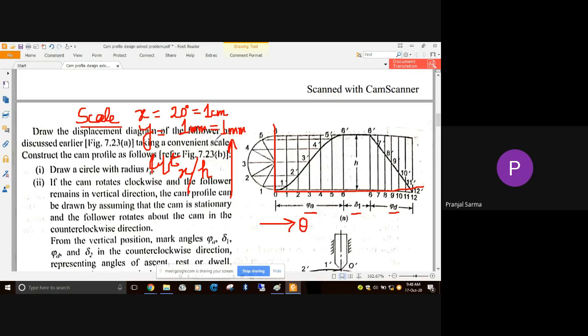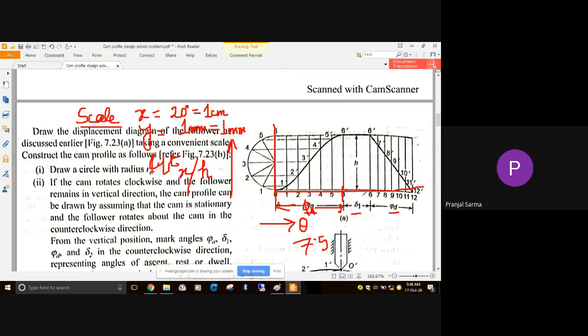So if 20 degree equal to 1 centimeter, we have to mark at 150 degree. So what will be this length? 7.5 centimeter. So at 7.5 centimeter you have to mark, and this much you have to denote phi A, that is the ascent stroke angle.